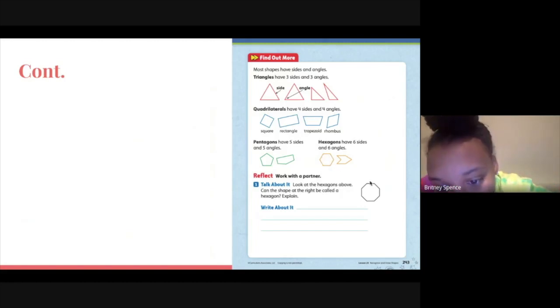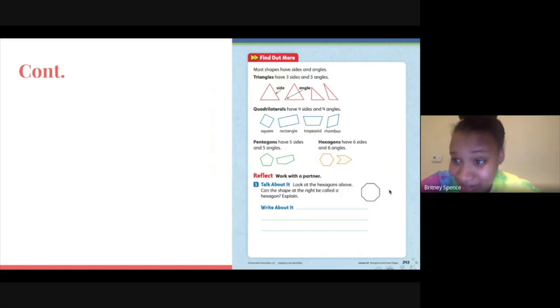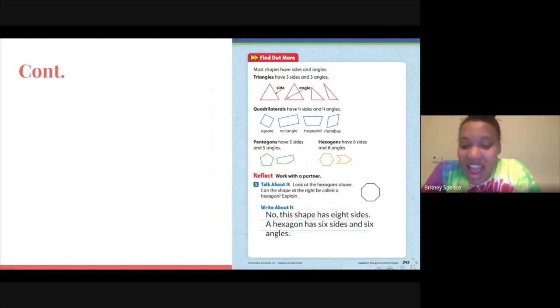So I see 1, 2, 3, 4, 5, 6, 7, 8. Now I counted 8 sides. So can this be a hexagon? No. It is an octagon. An octagon has 8 sides and 8 angles. Okay?